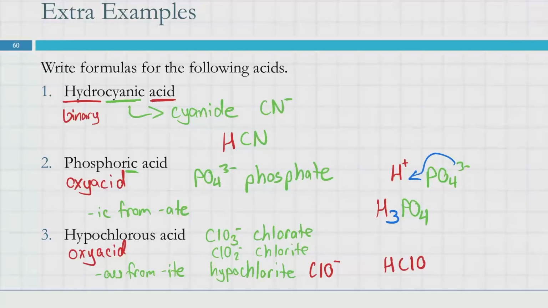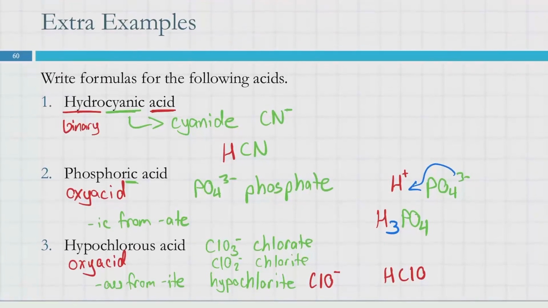I'll also very briefly point out why we have to use that hydro. If we have HCl and HClO3, HCl is hydrochloric acid. Let's just take off the hydro, pretend it's just chloric acid. HClO3, ClO3 is chlorate.